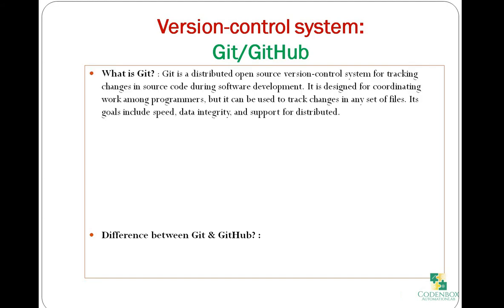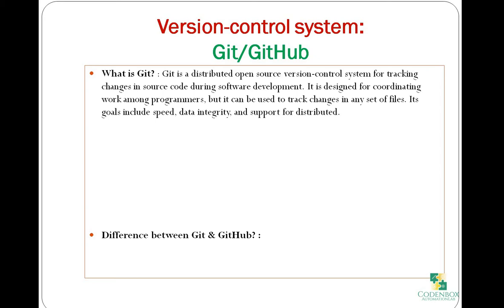So what is Git? Git is a distributed open source version control system for tracking changes in source code during software development. It is designed for coordinating work among programmers, but it can be used to track changes in any set of files.